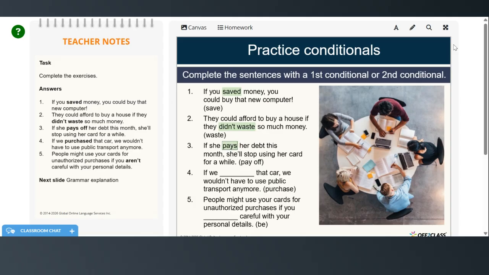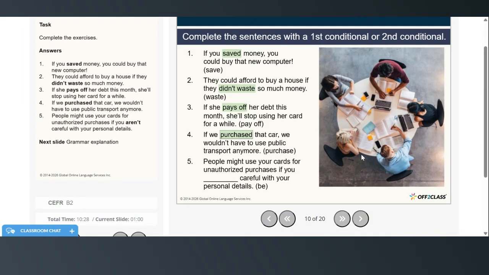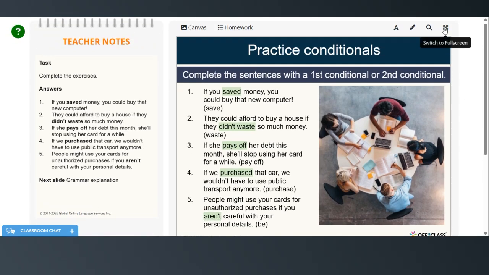If she pays off her debt this month, she'll stop using her card for a while. If we purchased that car, we wouldn't have to use public transportation anymore. And people might use your cards for unauthorized purchases if you aren't careful with your personal details.